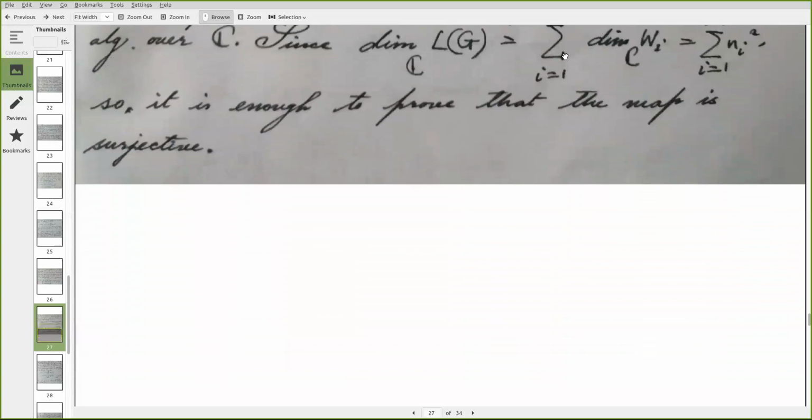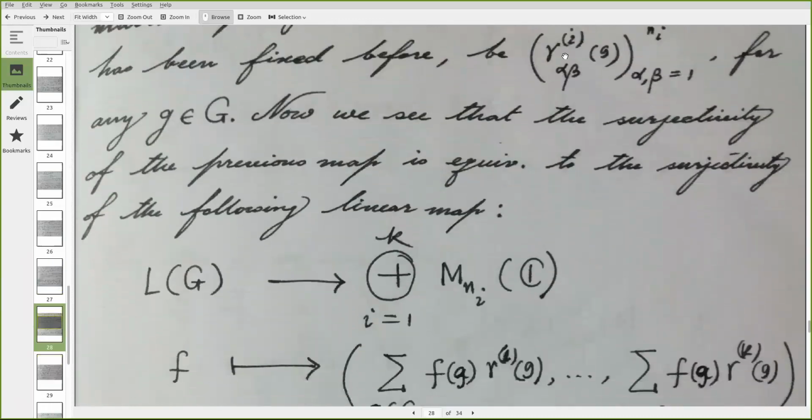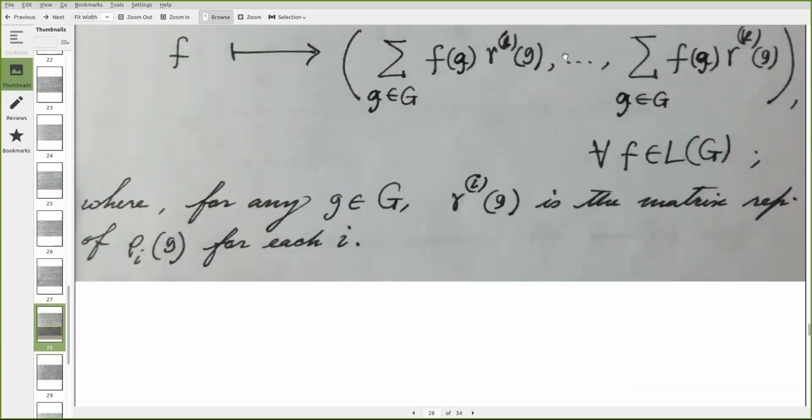Okay. So in order to show this is surjective, what we will do is the following.